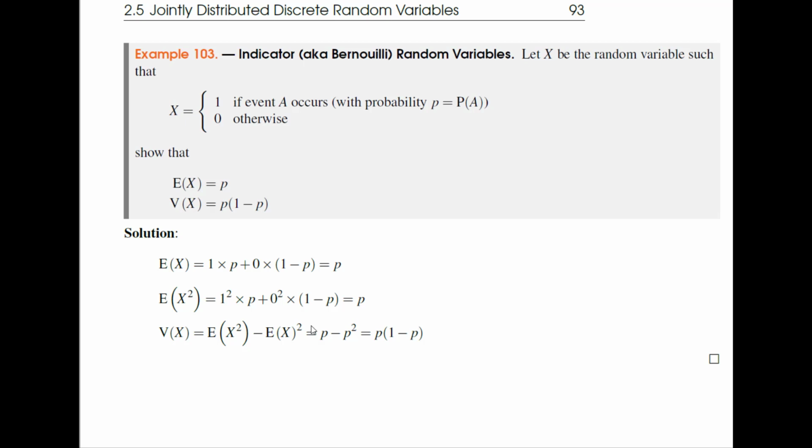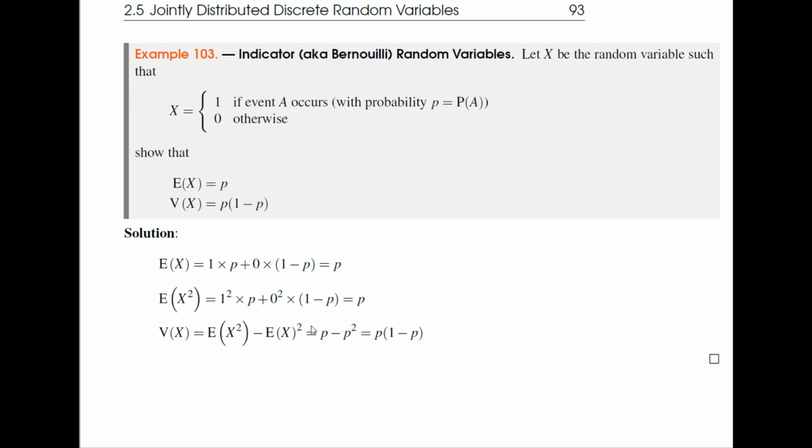Let's talk about indicator random variables as a prelude to the examples that come right after. These random variables are really, really useful. They are variables that are 0 or 1, and you define it to be 1 if the event that you're interested in takes place.